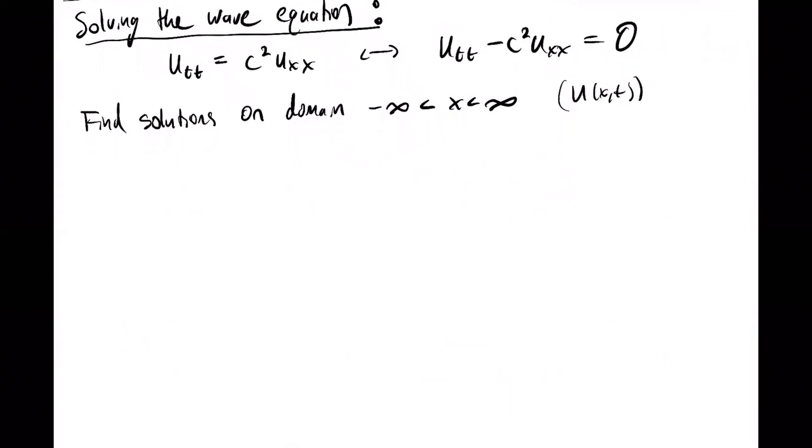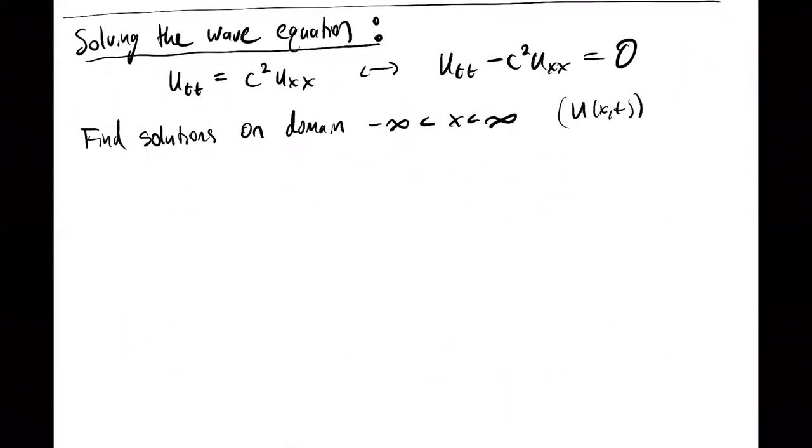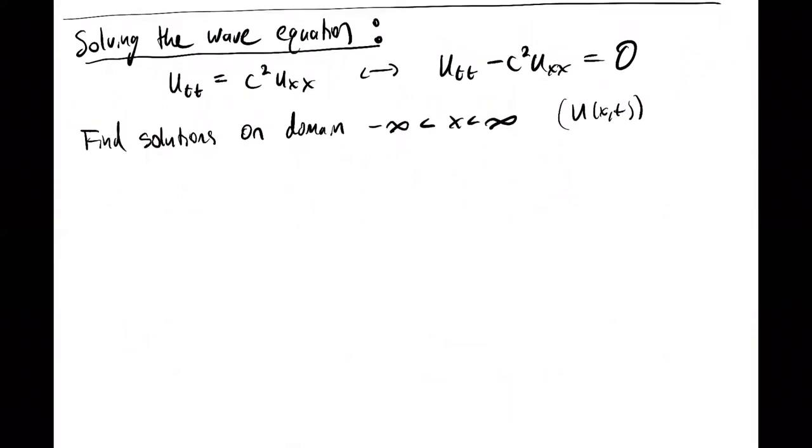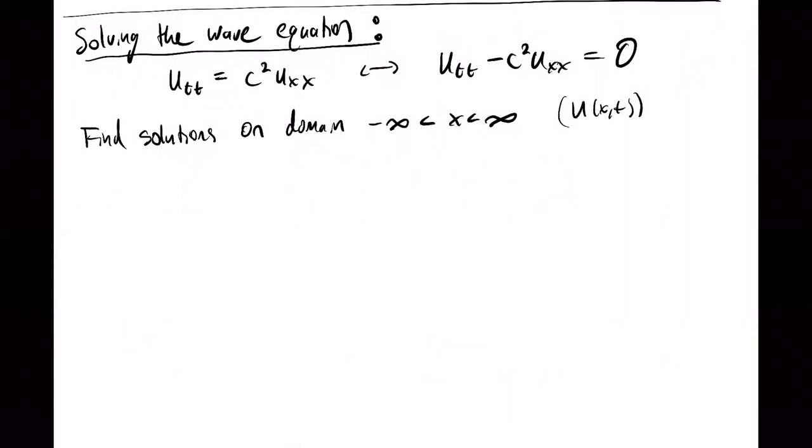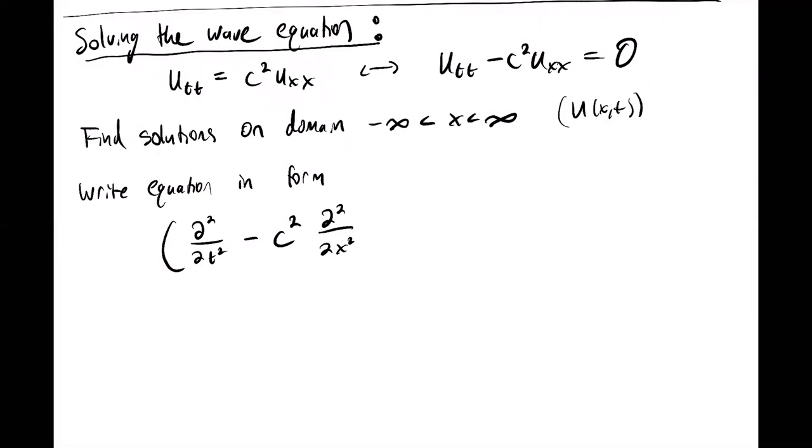Okay, and so the first observation you can make, which helps actually arrive at the solution, is to use this perspective of viewing this as a differential operator applied to the function. And so I can write the equation in the form, well, I have this second derivative with respect to t operator minus c squared times second derivative with respect to x operator applied to my function u.